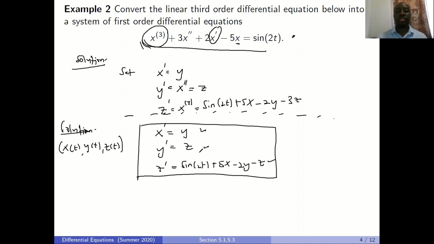Now, in the previous example where we had a nonlinear differential equation to start with, a second order equation, we ended up with a system of nonlinear equations. And this is usually going to be the trend, that if your higher order equation is nonlinear, we expect that the system of equations we get will be nonlinear.